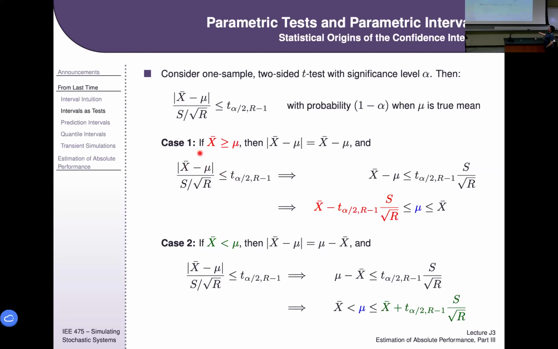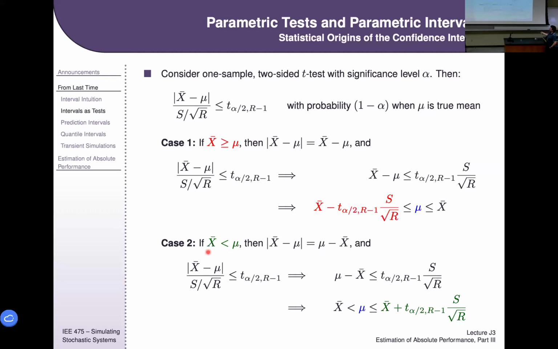You can get rid of the absolute value, and then you can just solve for the real mean, solve for mu. And you then get the lower side of the confidence interval formula, saying that the real mean is somewhere between the estimated mean and this estimated mean minus this half-width formula.